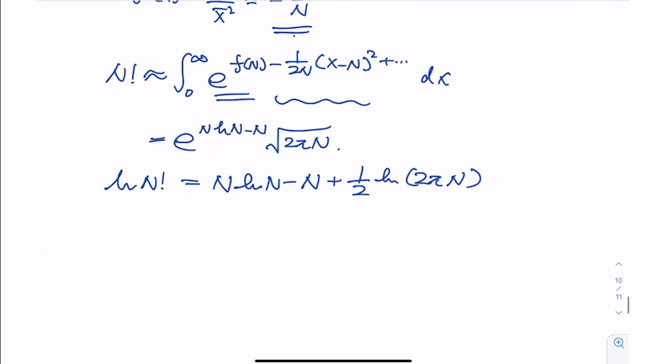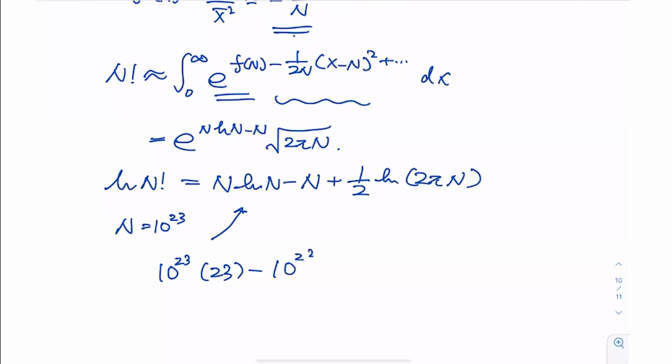Why this approximation is very nice is because you can just take an example, say n is something like 10 to the power of 23, and you just plug it inside. Then you see that the first term gives you something like 10 to the power of 23 times natural log of 10 to the power of 23, which is something of order 23 if I take the log to be base 10.